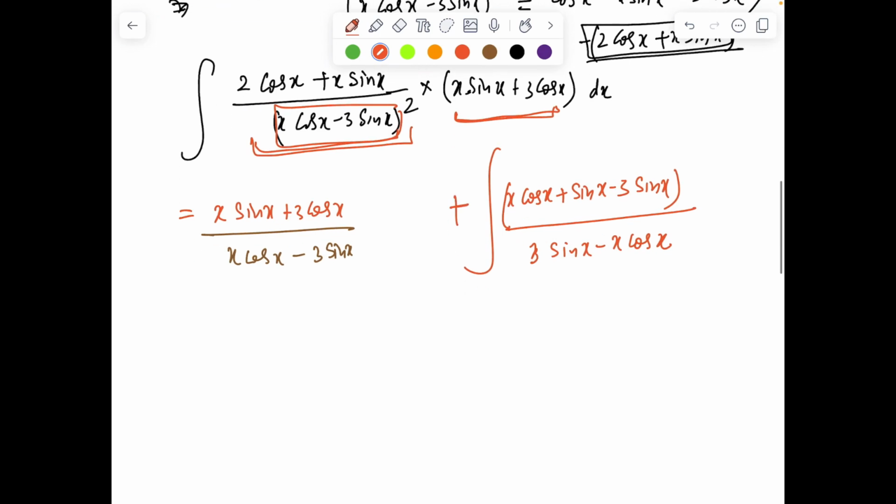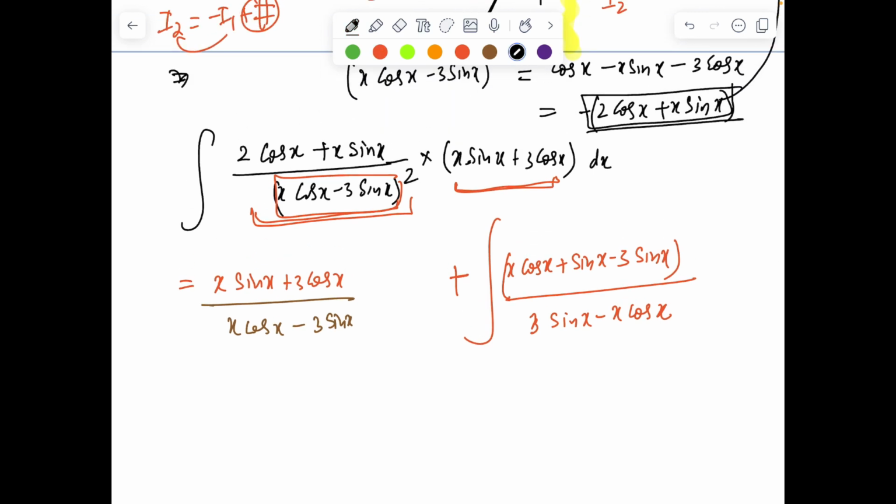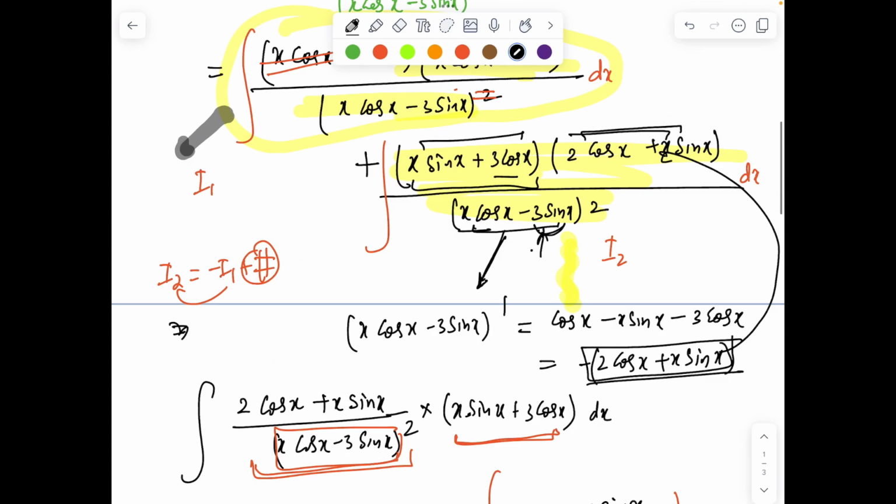Okay, and a plus will come because minus minus will become plus. And now if we notice the numerator, it's x cos x, sin x minus 3 sin x goes to minus sin 2x. So it's minus 2 sin x.